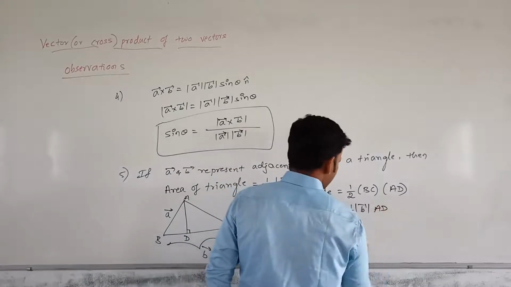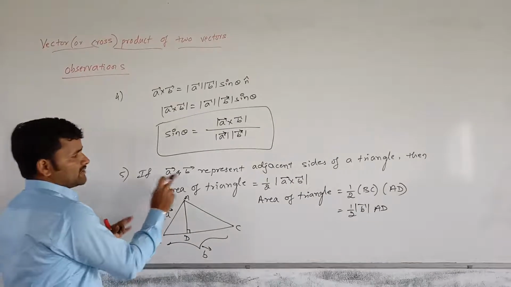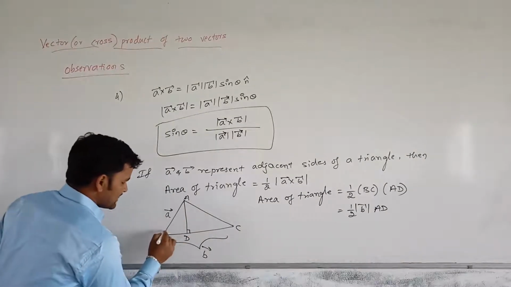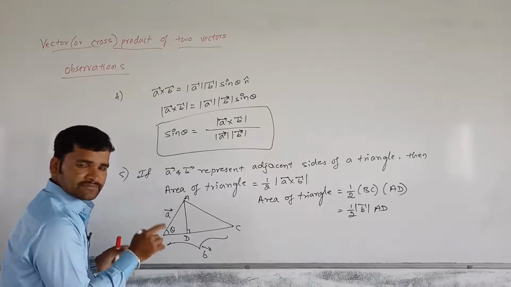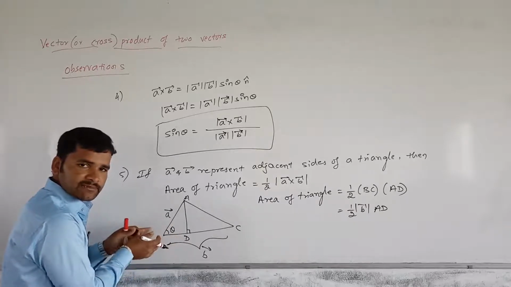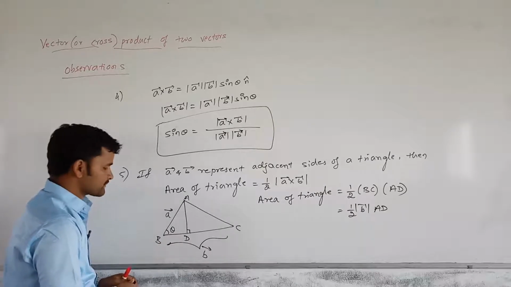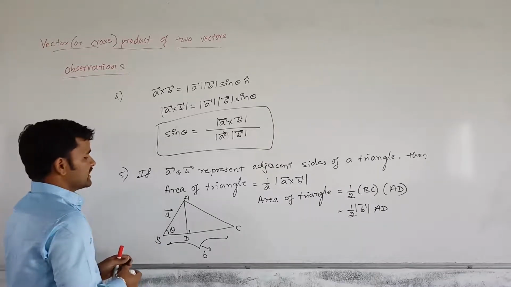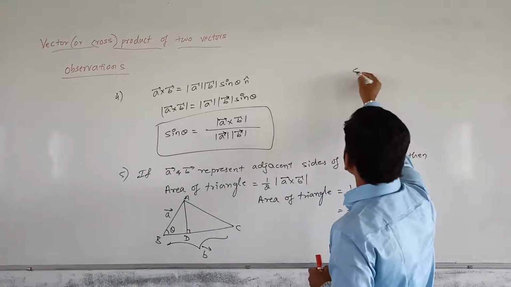Let me write one more step. AD is equal to, what is AD here? See, a and b represent the adjacent sides, and let me take the angle between these two to be theta only. According to the definition, the angle between vector a and vector b which are acting at a point will be taken as theta. Okay, this is theta. Now, we will use sin theta here.